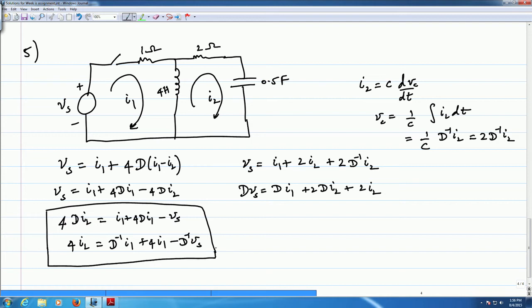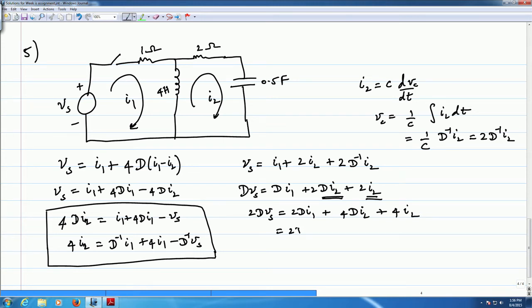We can use this equation, plug it in here to get the answers, because we have a d I2 and we have an I2 here. Instead of I2, I am going to plug in from here. Instead of d I2, I am going to plug in from here. So, I have 4 d I2 and 4 I2 here. So, maybe I need to multiply this equation by 2. If I do that, I get 2 dVs equals 2 d I1 plus 4 d I2 plus 4 I2, and now I can directly plug in what I have here.